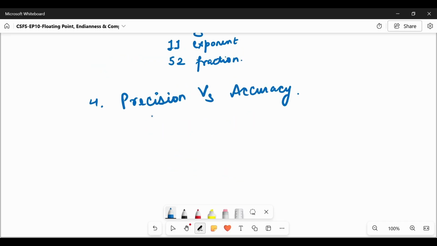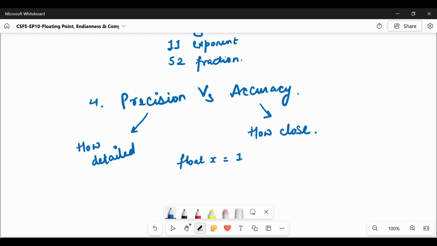Precision versus accuracy. By precision, we mean how detailed a representation we can provide. By accuracy, we mean how close it is to the actual result. They are two different concepts. For example, take float x equals 1.0 divided by 3.0.